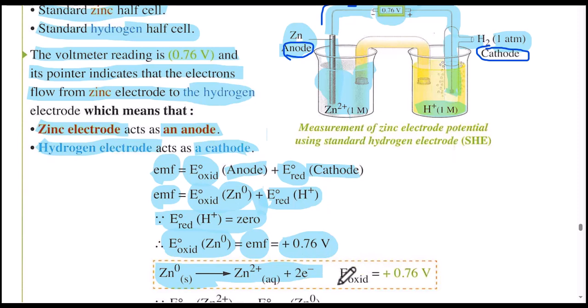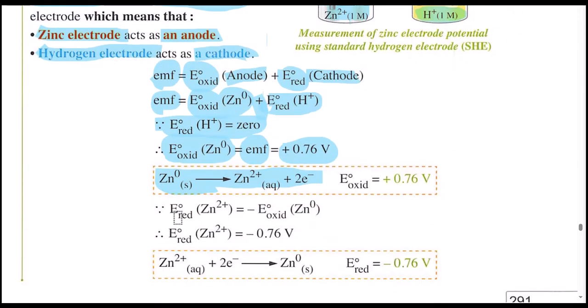So the standard oxidation potential of zinc zero solid equals positive 0.76 volt.